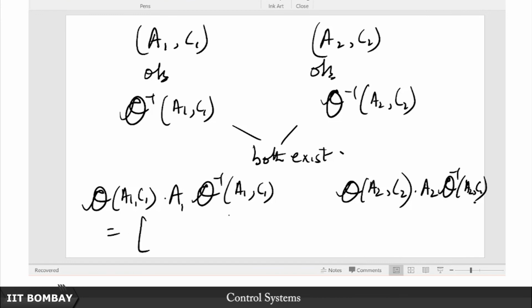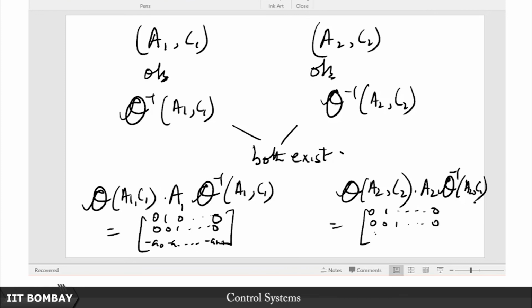I should get the same matrix, that is 0 1 0 0 0, 0 0 1 0 0, and then minus A0, minus A1, till minus A n minus 1, and here also I must get the same matrix, because this was irrespective of the property.